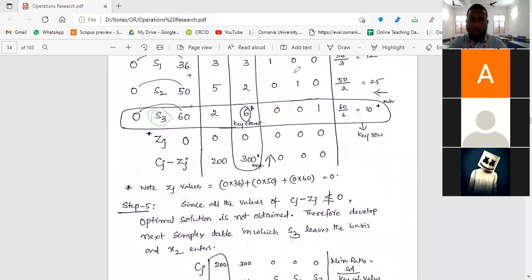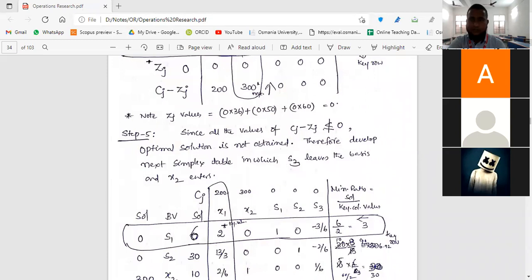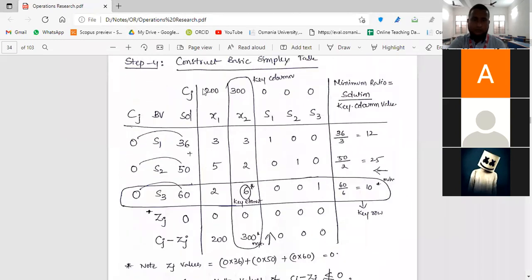You have to rotate this, so 300 will come here as X2, and S3 will be sent out.